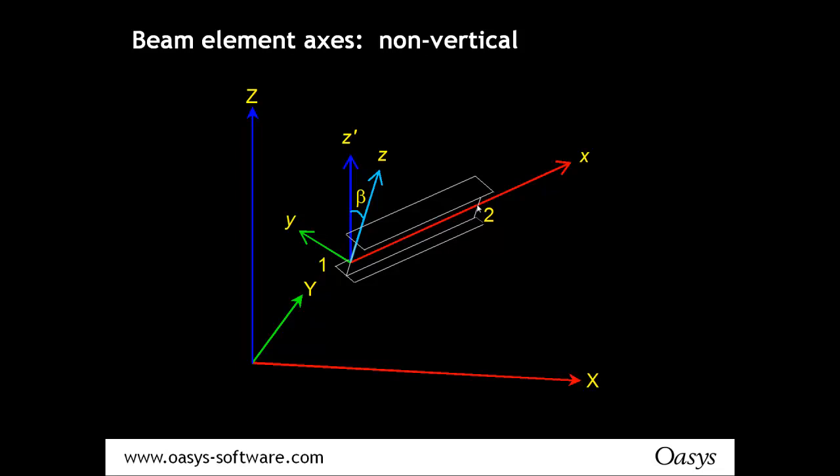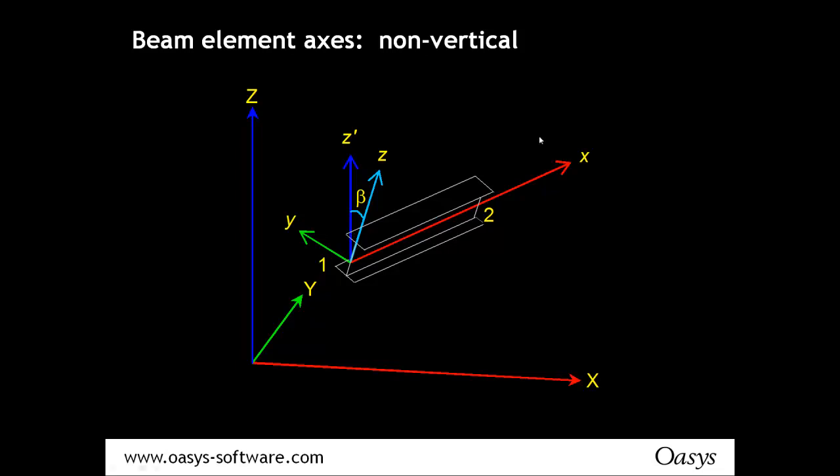The basic principle is they're defined by 2 points, and the x-axis runs between those 2 points. The z-axis is the perpendicular to the x which is as vertical as possible, meaning that the webs of your I-beams will always be vertical. Mathematically speaking, it's the perpendicular to the x which has the maximum z component. Once you have these two axes, the y-axis is just at right angles to those two.